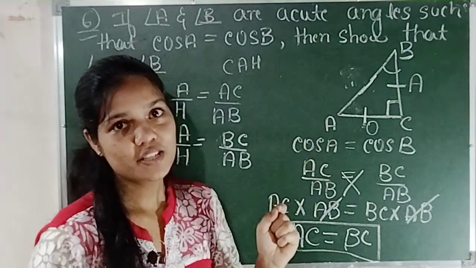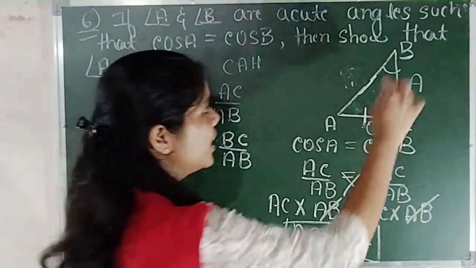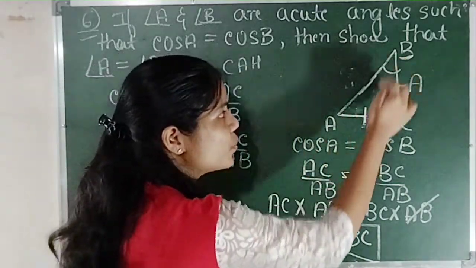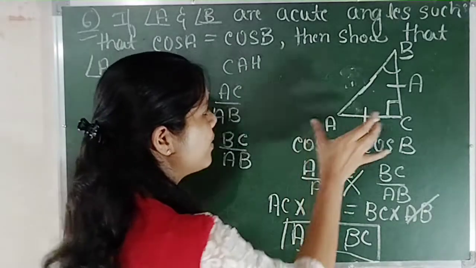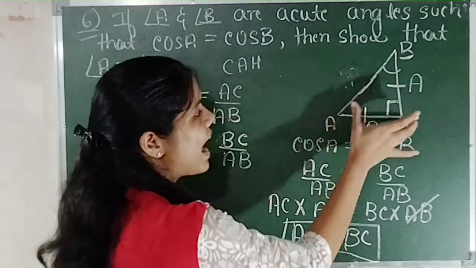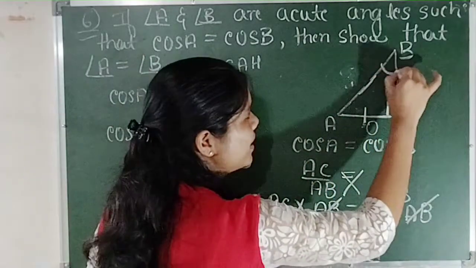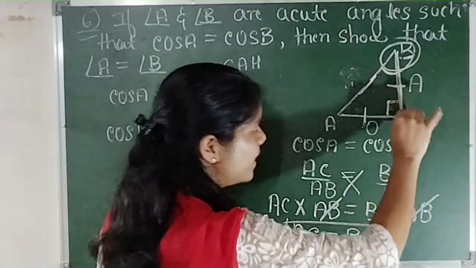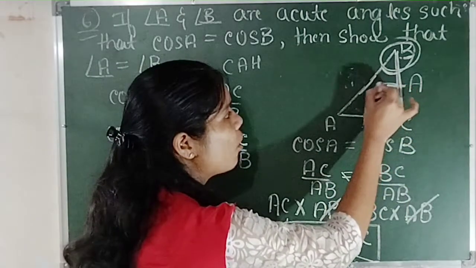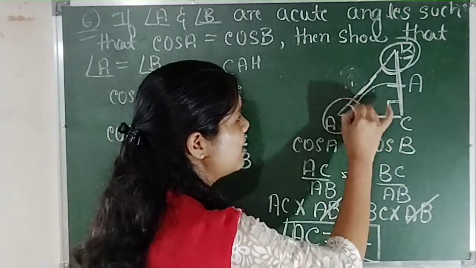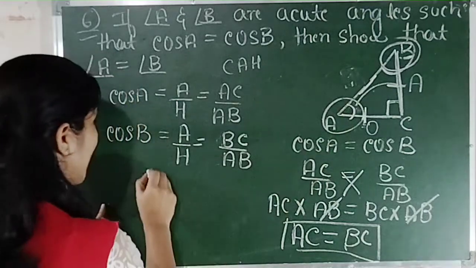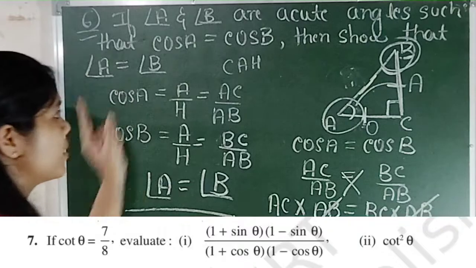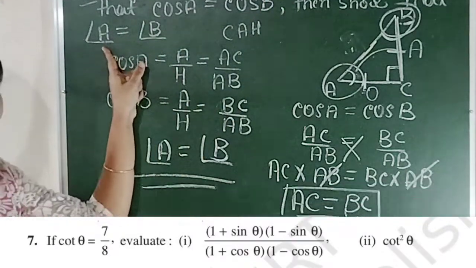So by the properties of isosceles triangle, if the two sides are equal, then the angles opposite to those sides are also equal. The angle opposite to AC is nothing but this angle. Similarly, the angle opposite to this side is angle A. So angle A is equal to angle B. So we have proved this condition.